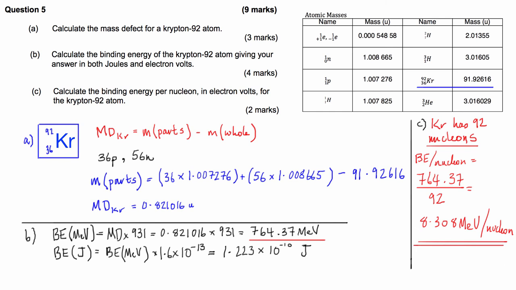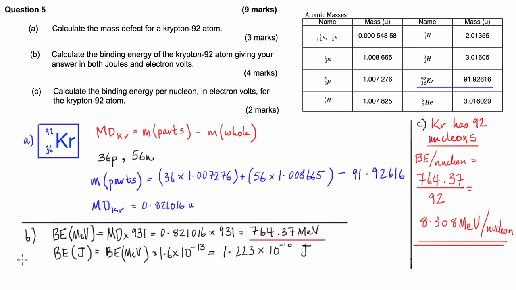Okay. So, guys, if you know the conversion factors from mega electron volts to joules and from atomic mass units to mega electron volts, these problems aren't too complicated. Finding a mass defect is as simple as just multiplying a few numbers and working out what the combined total is.